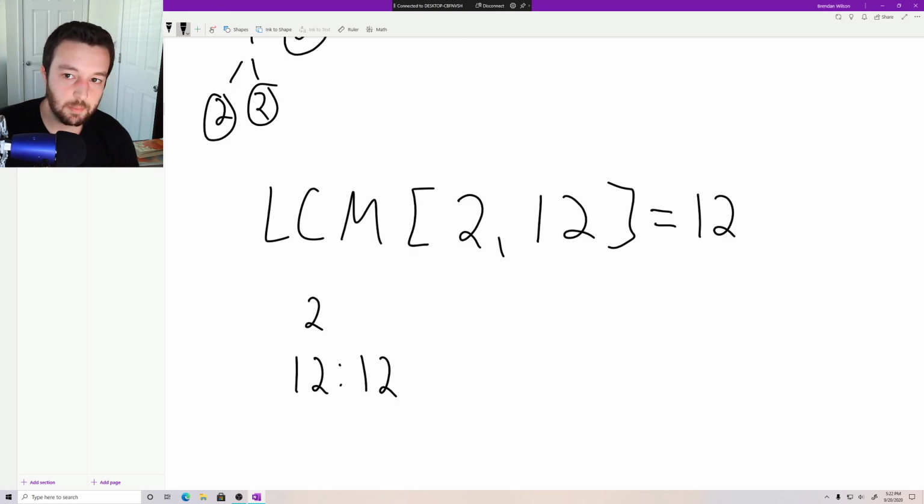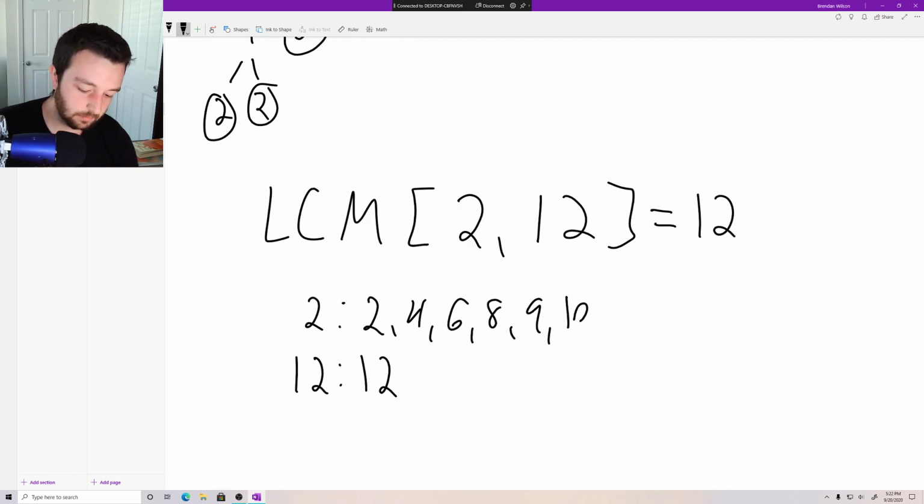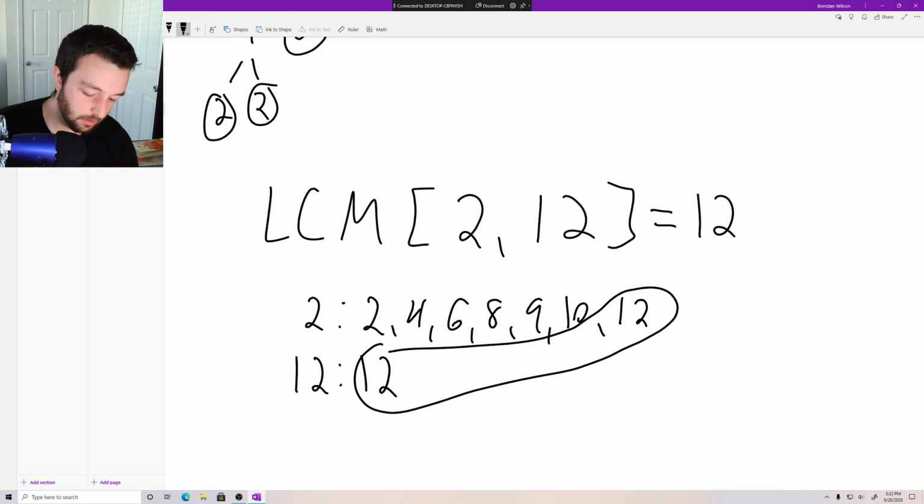So that's the smallest possible multiple of 12. And 2 is going to hit 12 because, like I said, 12 is divisible by 2. You can write it out just to confirm. Right. So there we go.